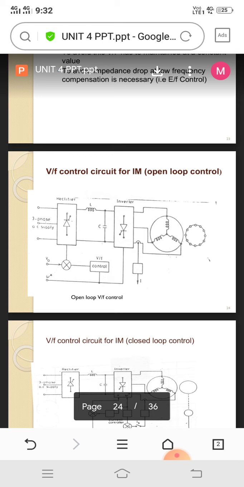Similarly, the inverter gets firing pulses to convert the DC into proper AC. Now we are ready to attain the proper AC supply with the help of this inverter circuit. This setup is called a drive system.